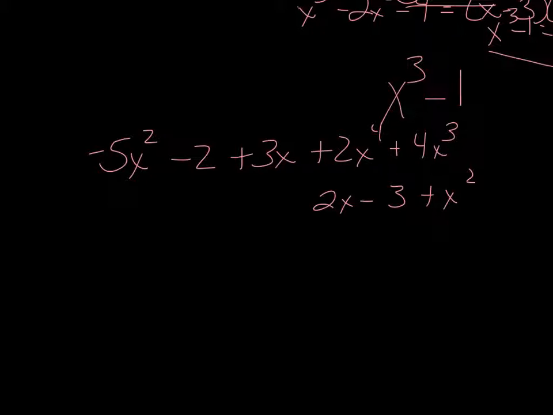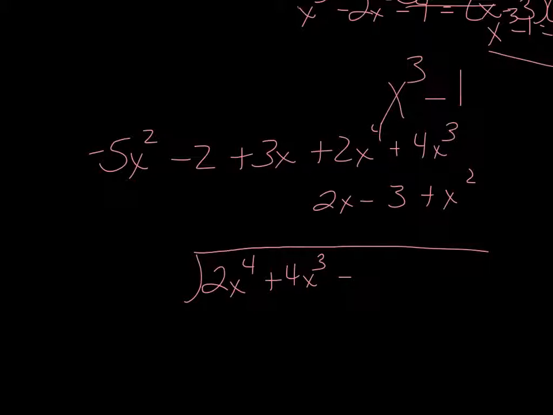I remember this. Okay, so what's the first thing I need to do? Put them in descending order, standard form. So we have 2x to the fourth plus 4x to the third minus 5x squared plus 3x minus 2. And we also have to put the divisor in order.